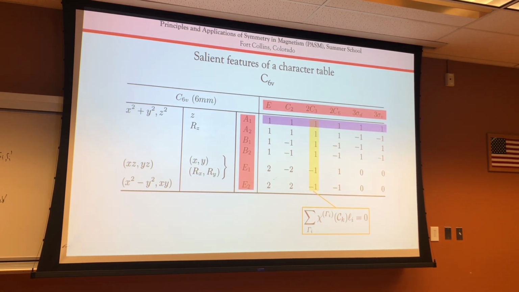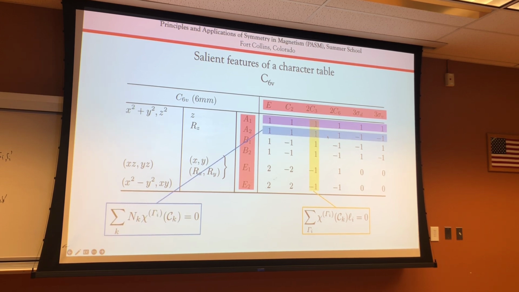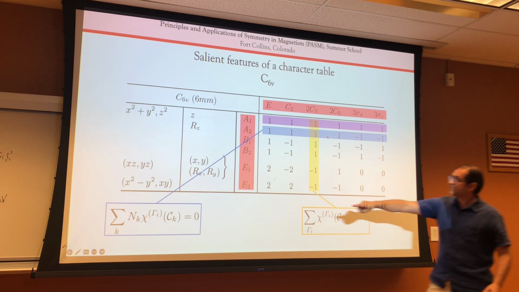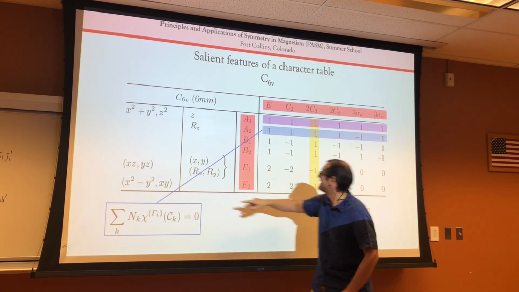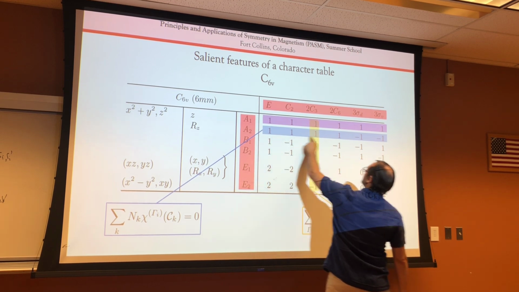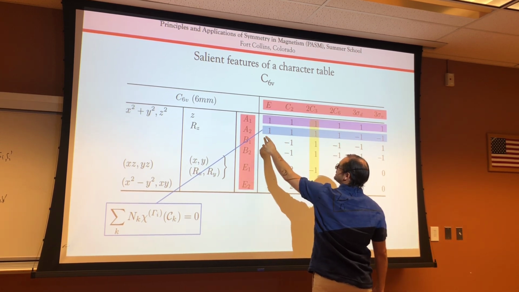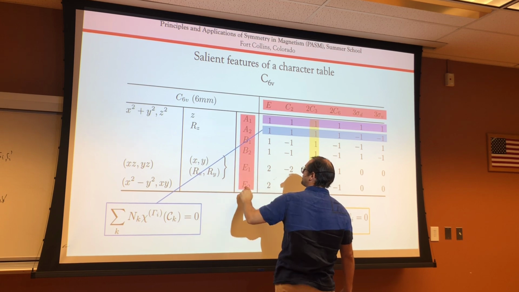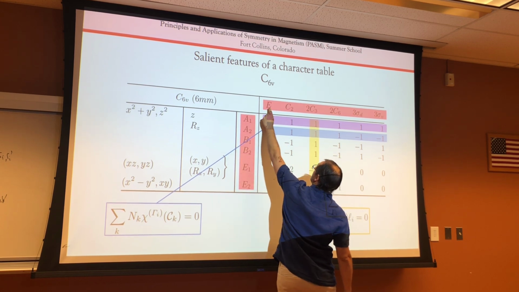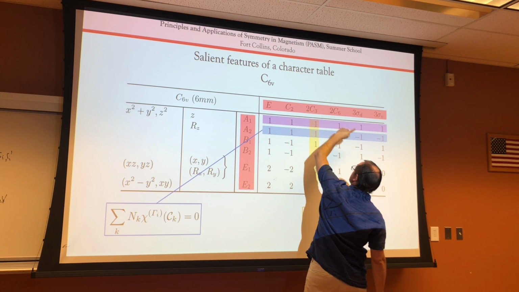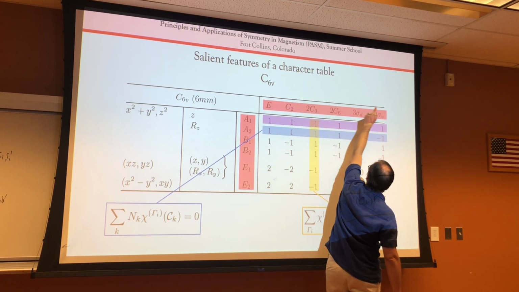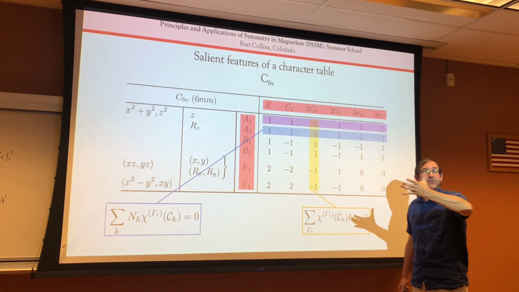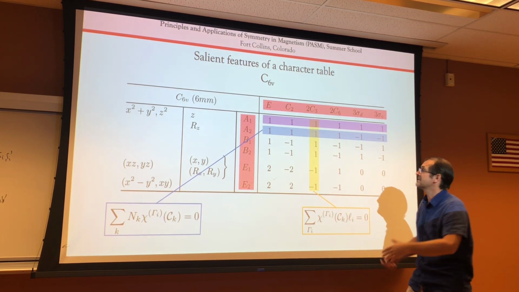Now, if you take a given line, this rule applies for all the lines except the first one. What you see here is that in the line, you are not going to take into account the dimension of the representation, but rather the order of the class, the dimensionality of the class. 1, 1, 2, 2, 3, 3. So 3 equivalent transformations into one particular class.